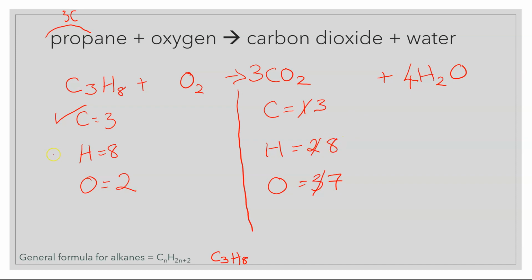Okay, so my hydrogen are balanced. I'm happy with that. What putting a 4 in front of this has done is it's made the number of oxygen atoms 4 also. So I have 6 over here with my carbon dioxide because I have 3 CO2s. So there's 6 oxygen there.